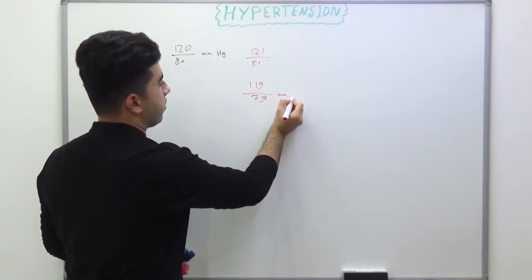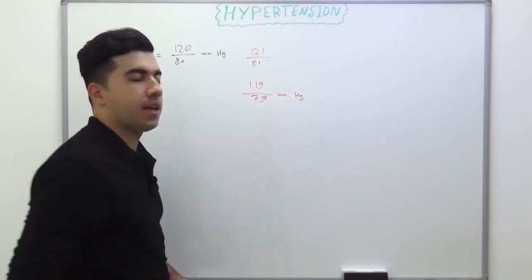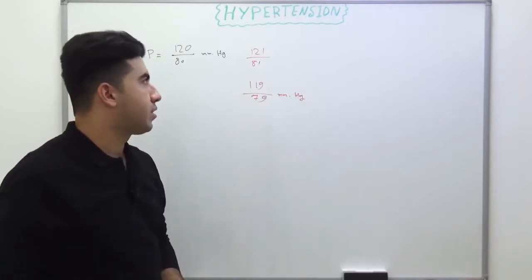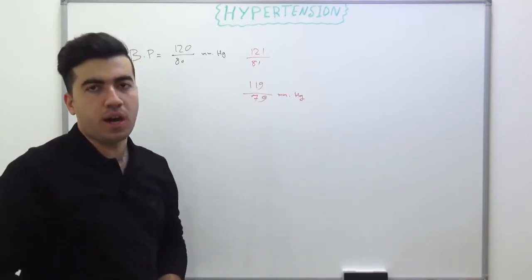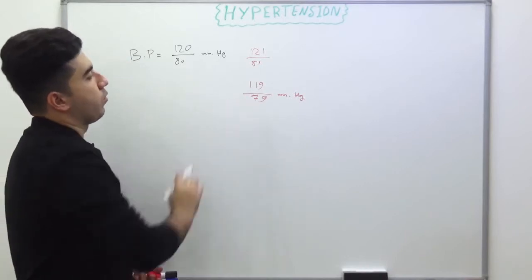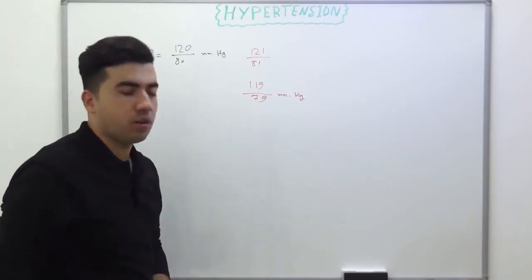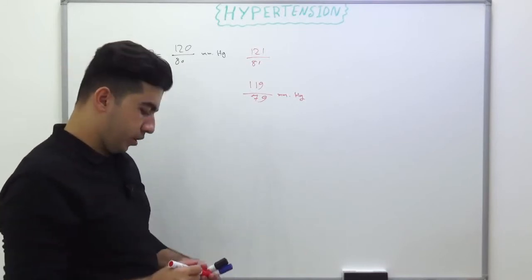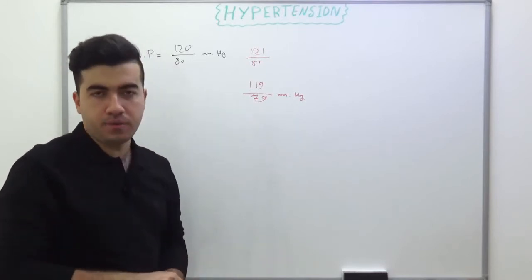Should this person be considered hypertensive and diagnosed with hypertension when it's 1 millimeter of mercury higher than 120 over 80, or 1 millimeter of mercury lower be said to be hypotensive? No. The blood pressure depends on many factors.